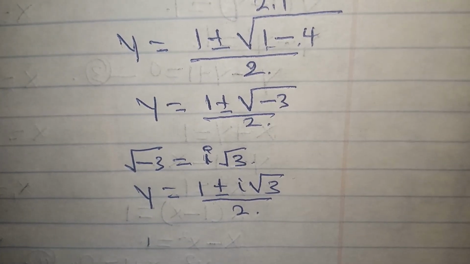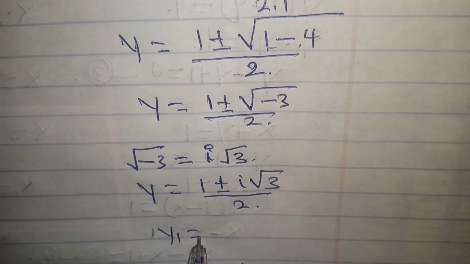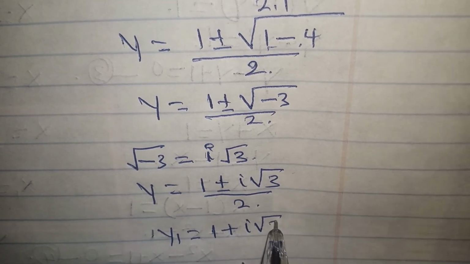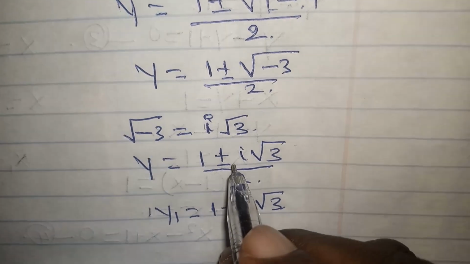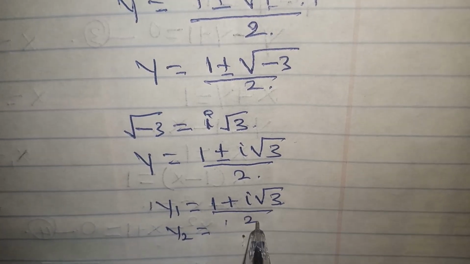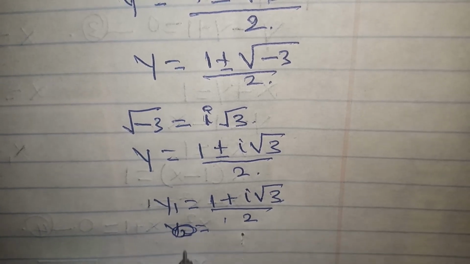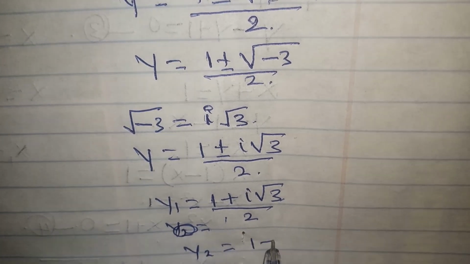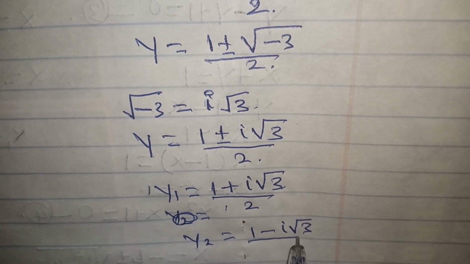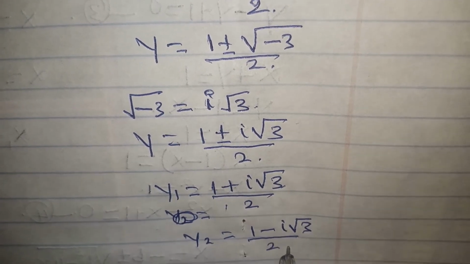Okay, so from here we can say our y1 is equal to (1 plus i root 3) over 2. Now y2 is equal to (1 minus i root 3) over 2.